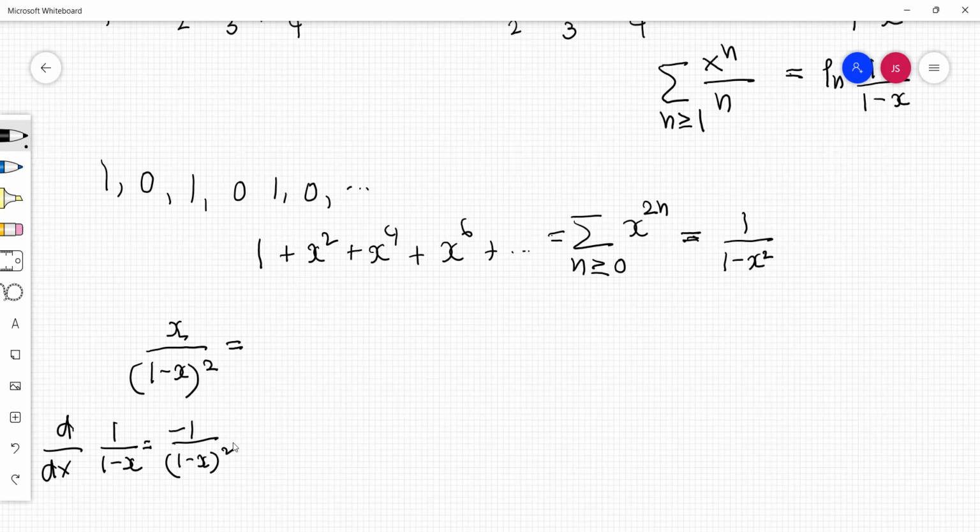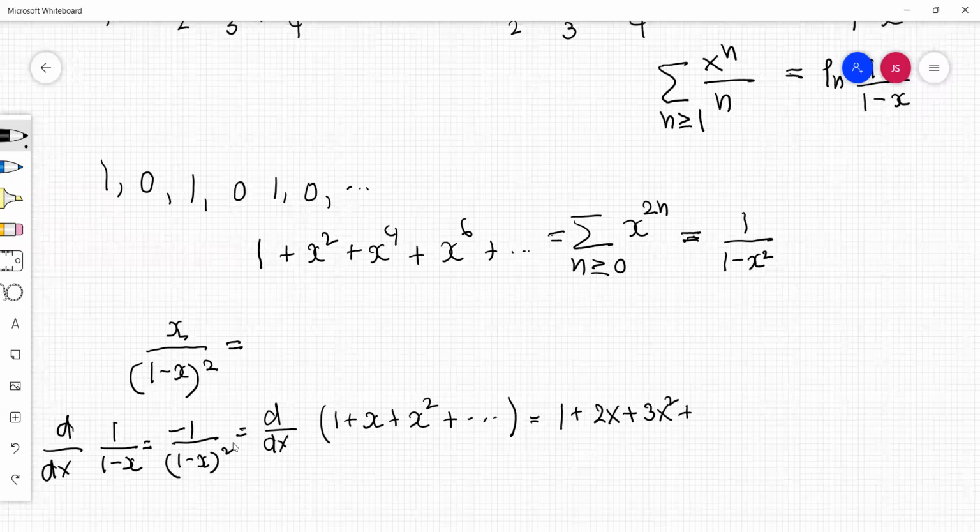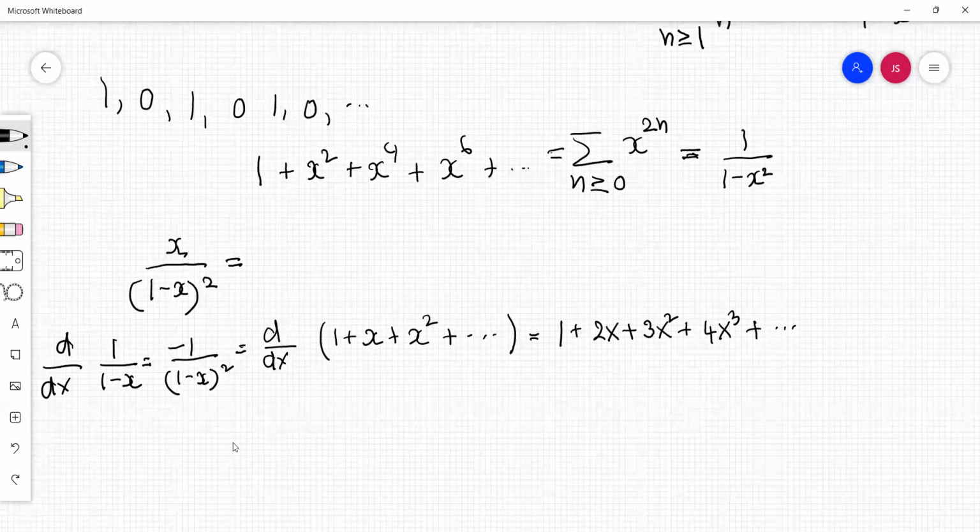Now, using that, can you find the expansion of this one? That means d by dx of 1 over (1 minus x) squared and so on. So it is equal to 1 plus 2x plus 3x squared and so on.